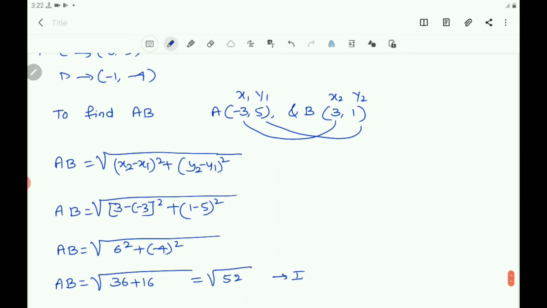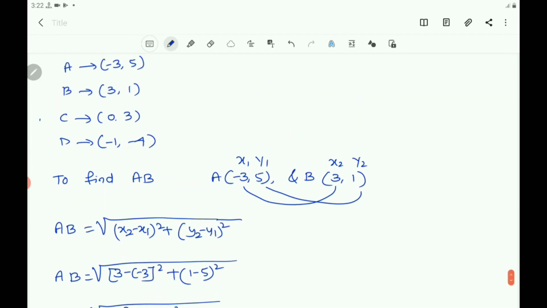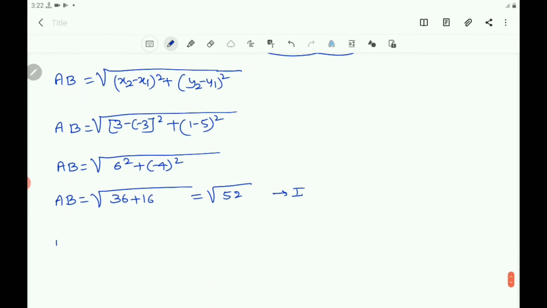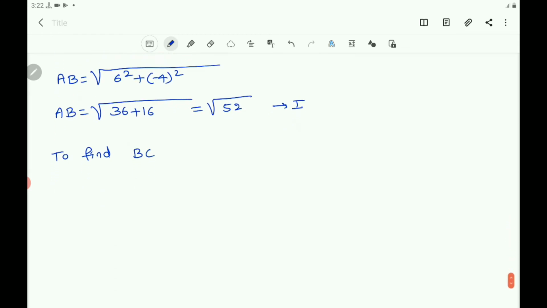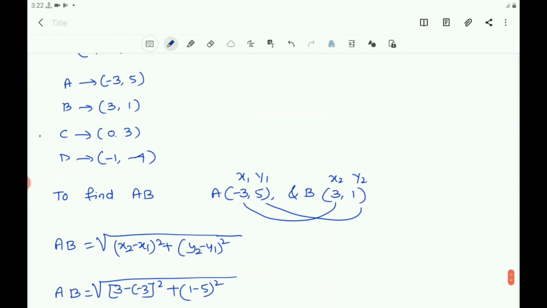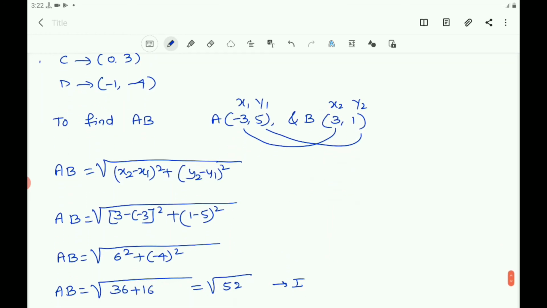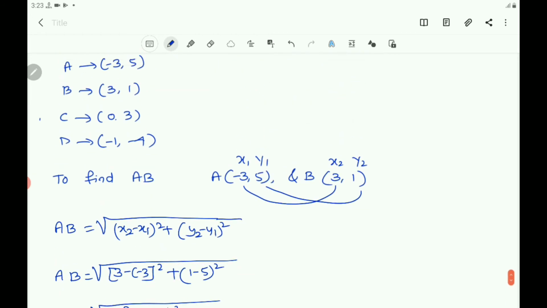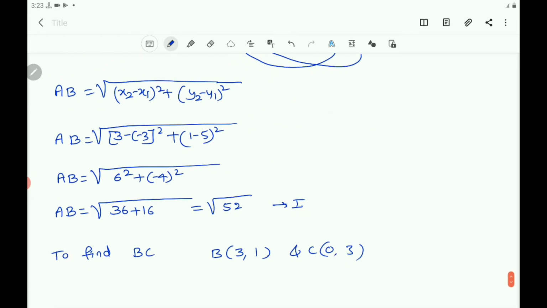Then find BC. To find the side BC, B is a point with 3, 1, C is a point with 0, 3.